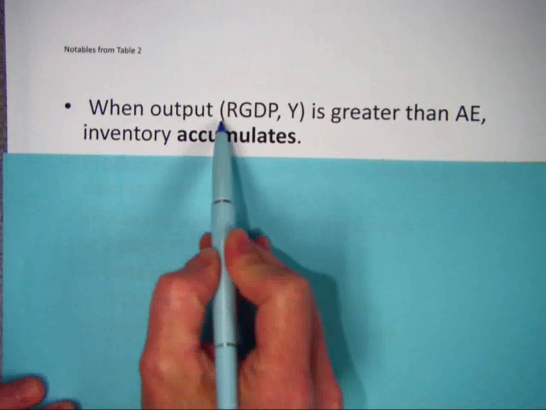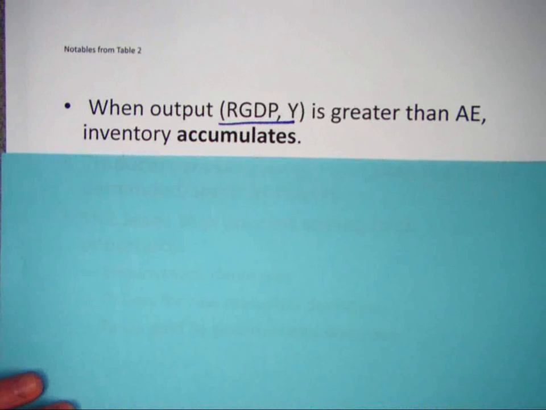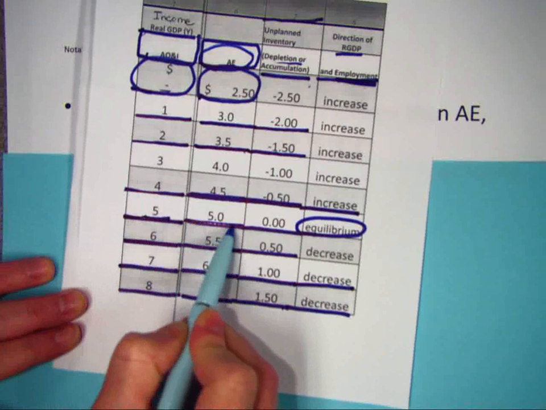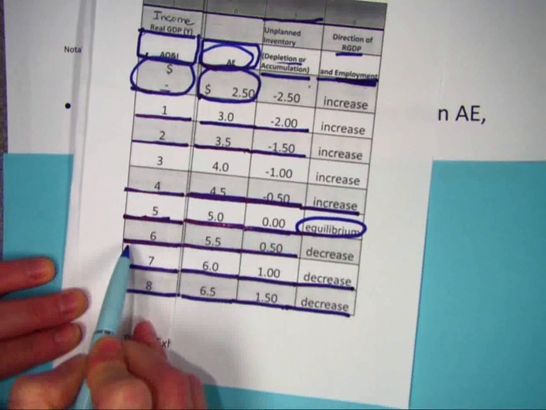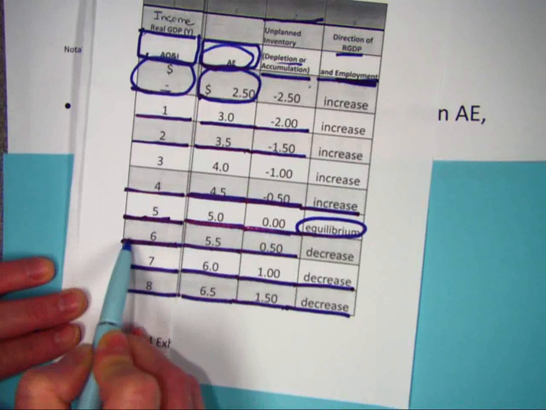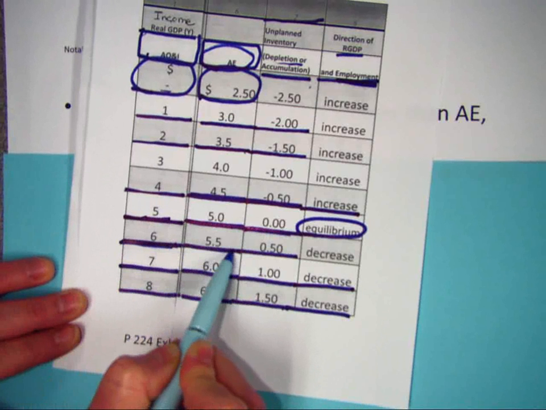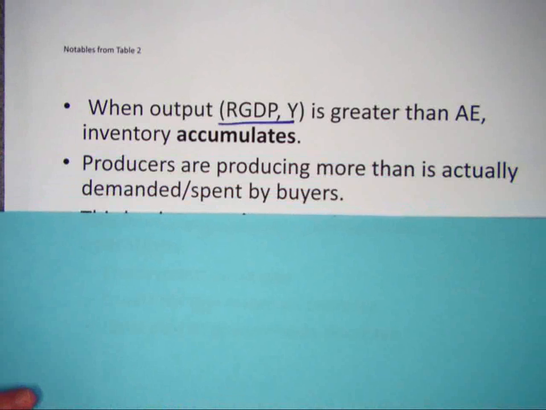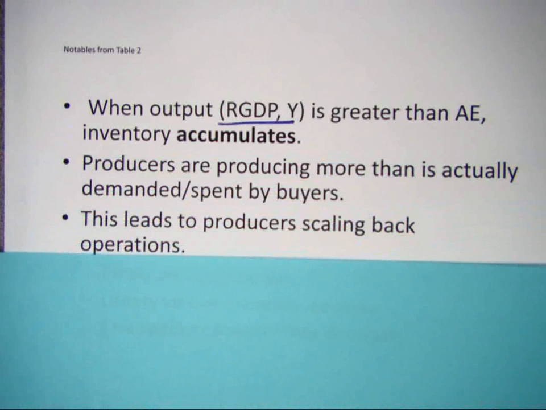We saw that here we had equilibrium. 5 units were produced, 5 were demanded off the markets, we had equilibrium. So anytime our output was greater than 6, we saw that the output was greater than aggregate expenditures and inventory was actually accumulating. Producers are producing more than is actually being demanded or spent by buyers. That leads to producers scaling back operations.